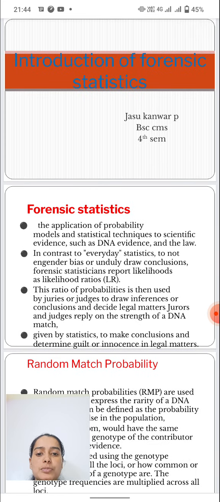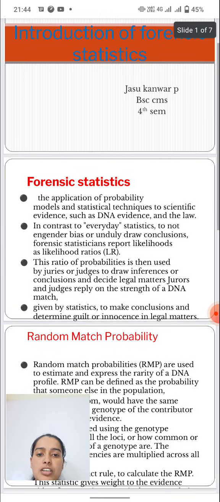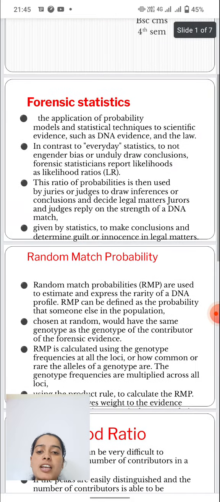This ratio of the probability is then used by juries or judges to draw the inference or conclusion and decide the legal matter. Judges rely on the strength of the DNA match given by statistics to make the conclusion and determine guilt or innocence in legal matters.